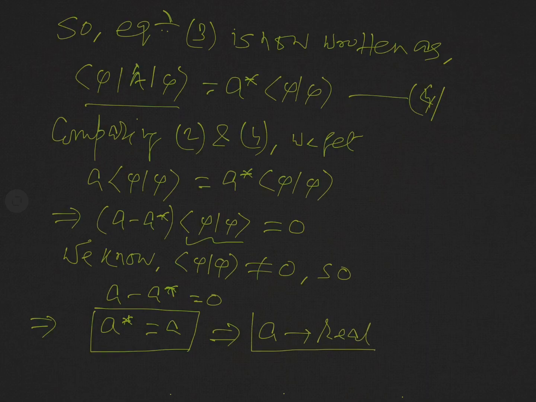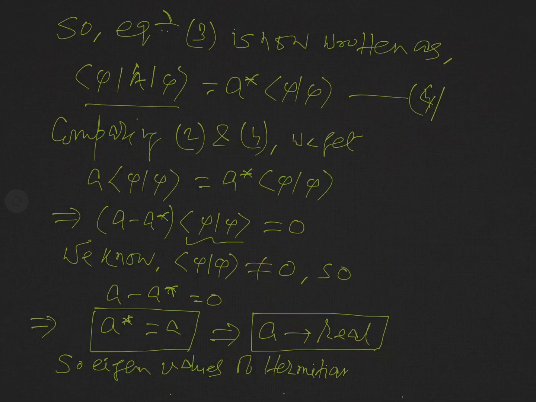And we have assumed that A is the eigenvalue of the Hermitian operator A hat. So it is now proved that the eigenvalues of Hermitian operators are real.